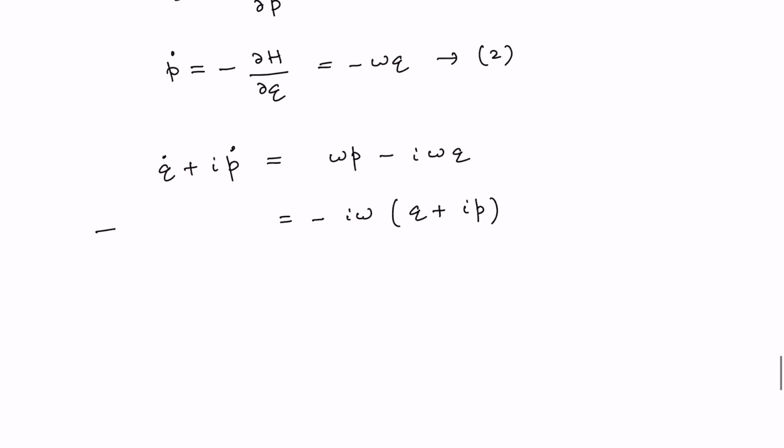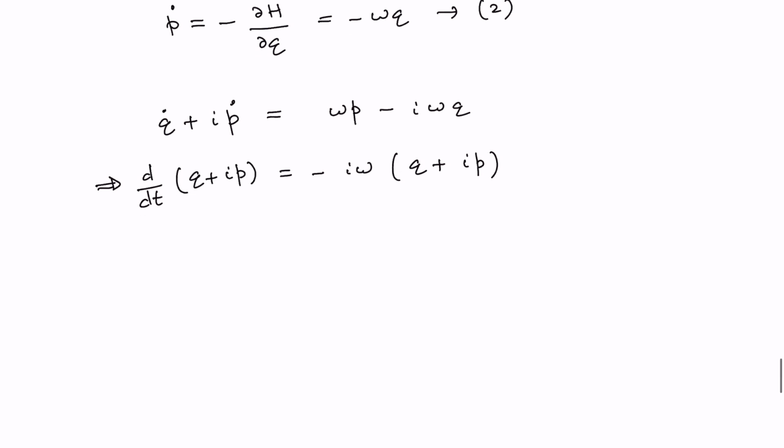And this expression on the left hand side I can write as d by dt of q plus ip. Apart from this multiplicative factor of 1 by square root of 2 h bar, you can easily see that this quantity is nothing but alpha of t. So d alpha of t by dt is equal to minus i omega alpha of t.